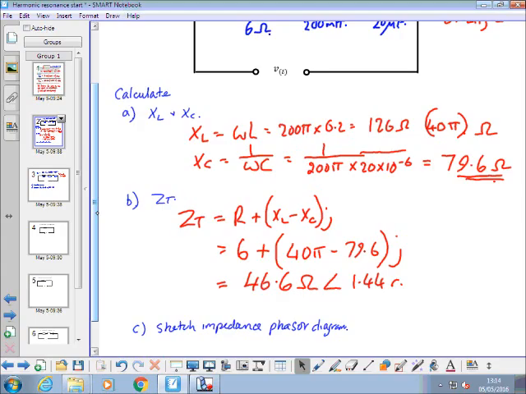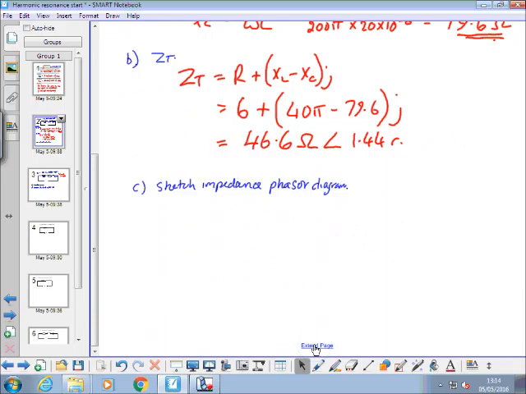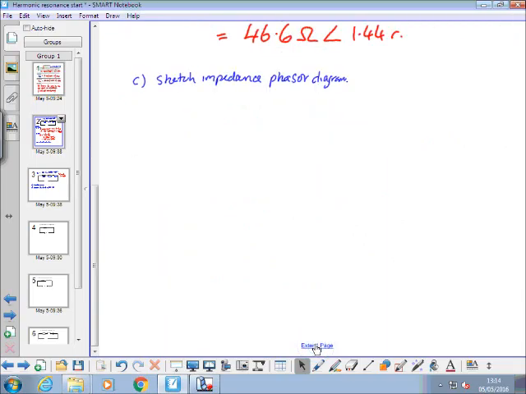So, this impedance phasor diagram. Which phasor is the in-phase component of impedance? The resistor, at 0 degrees angle. So we draw R, six ohms.